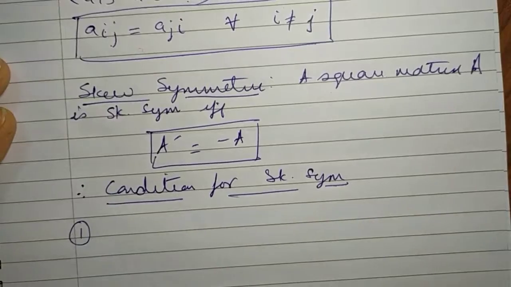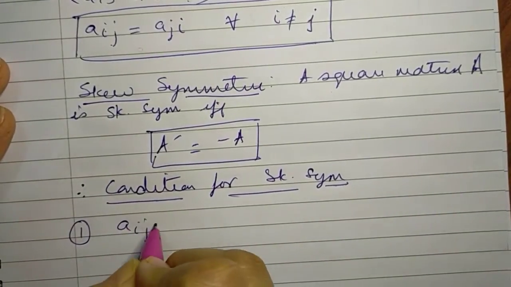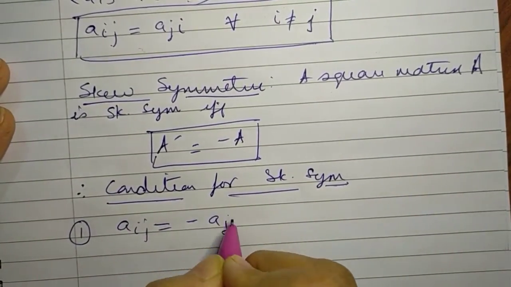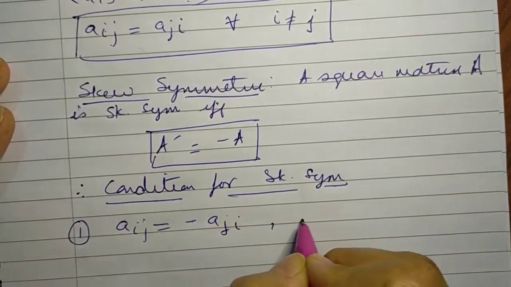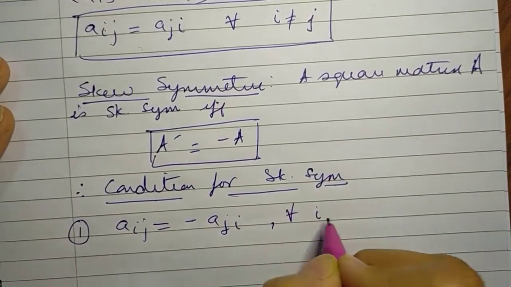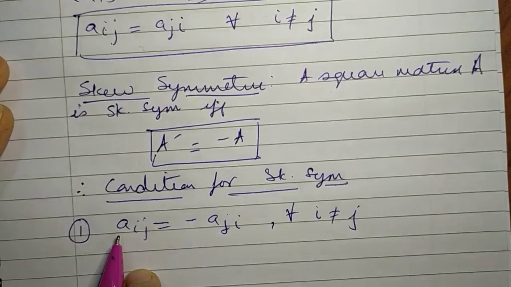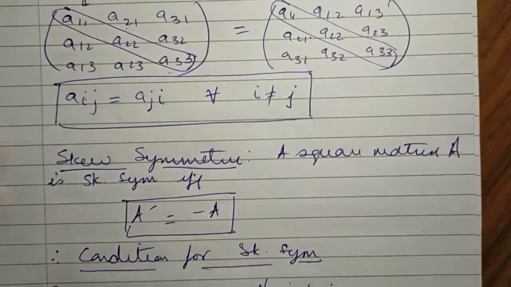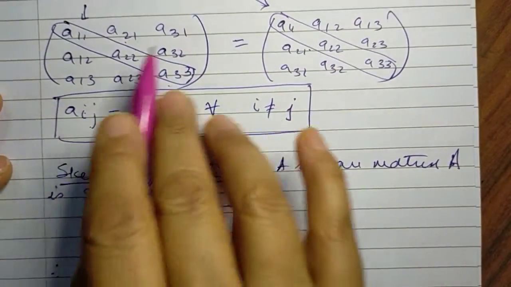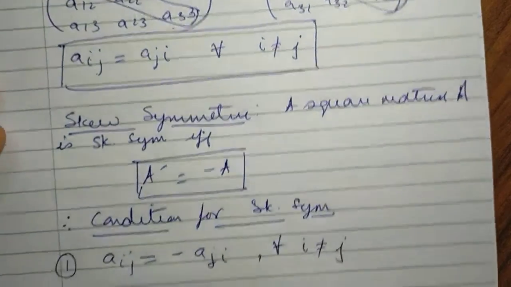First case, whenever i is not equal to j, for all i not equal to j, Aij should be equal to minus Aji. The elements in the mirror image position should be negative of each other.